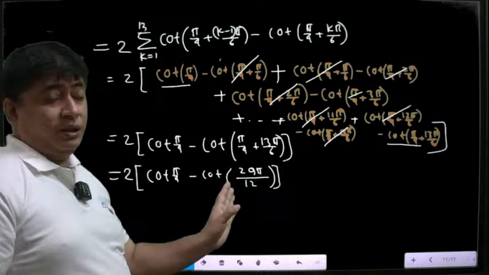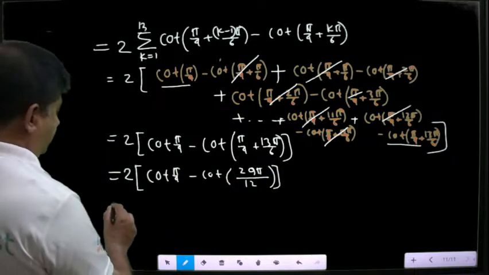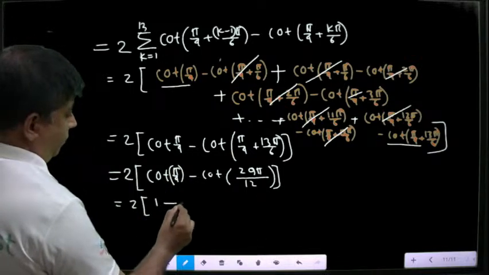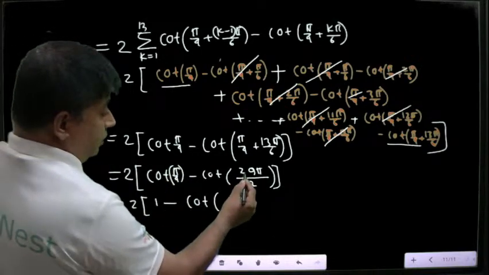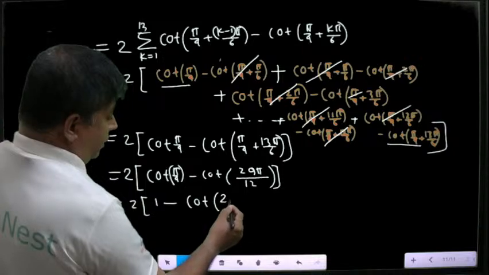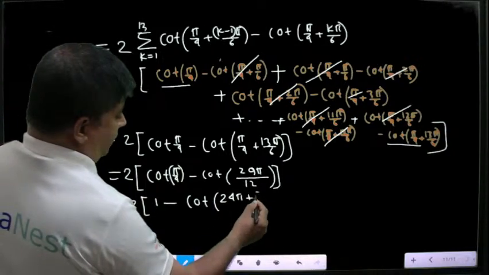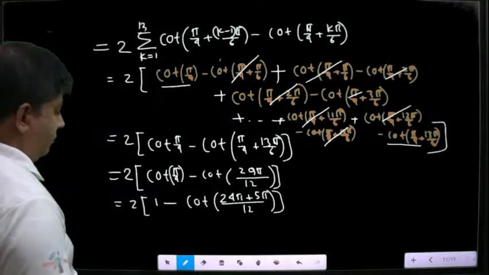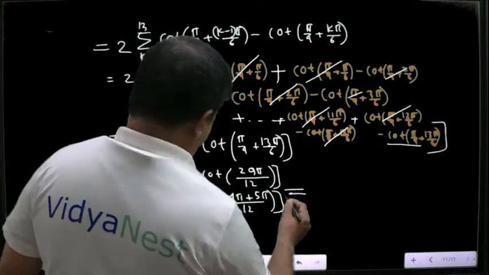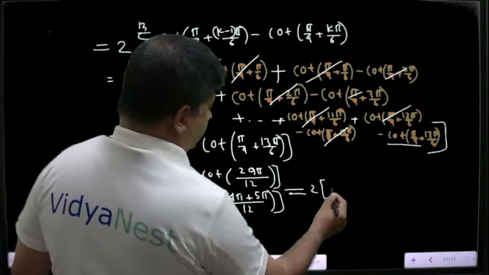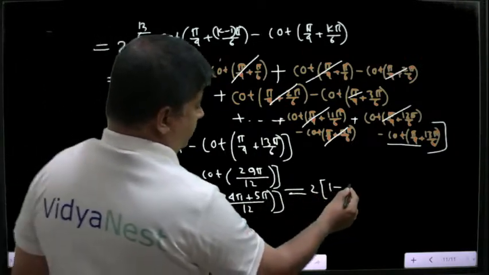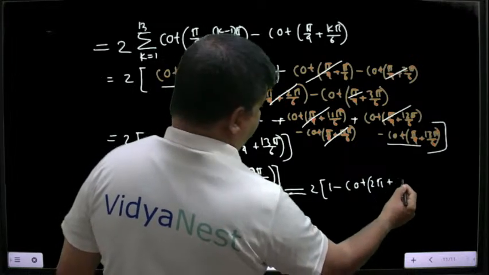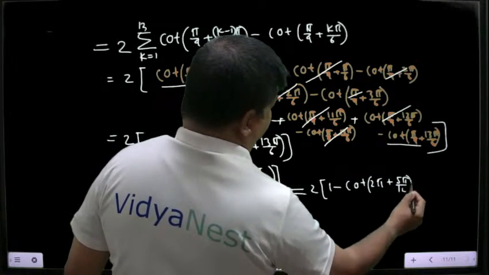If you wish, you can simplify it more. Cot pi by 4 means 1. Cot, this is 24 pi plus 5 pi by 12. That means 2 into 1 minus cot of (2 pi plus 5 pi by 12).